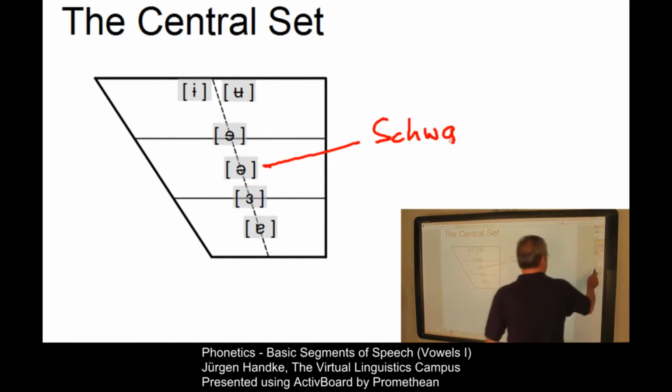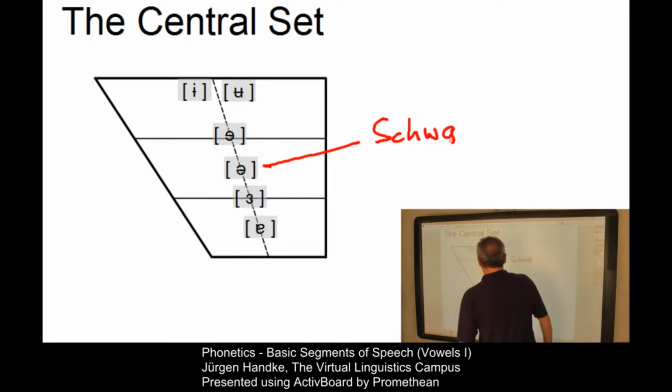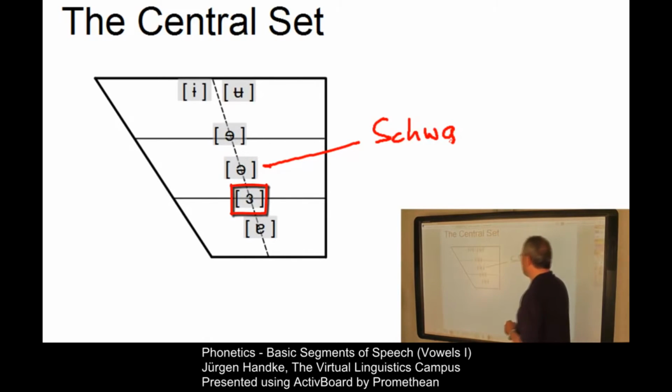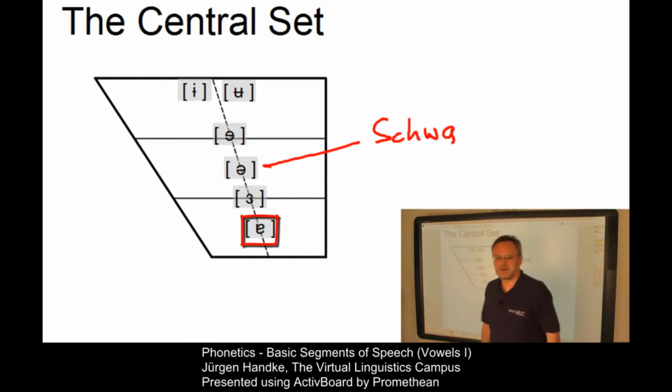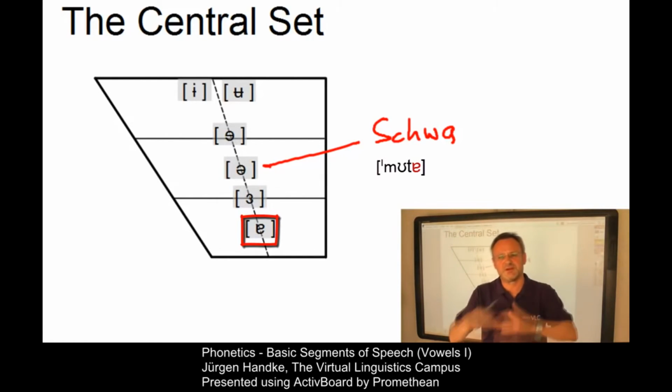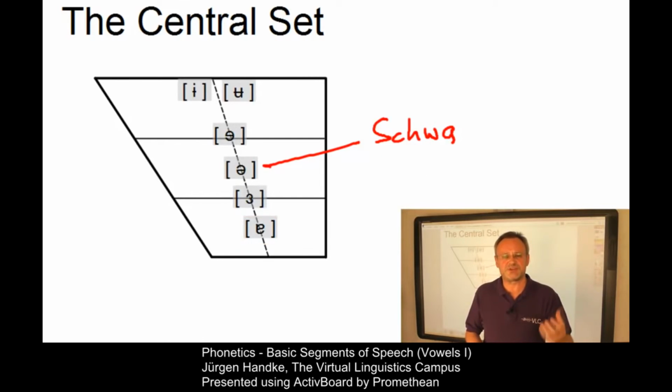Then we have this mid-low vowel, and finally the low one would be the vowel A, as in German Mutter. So here we can relate these central vowels already to some existing vowels in some languages of the world.